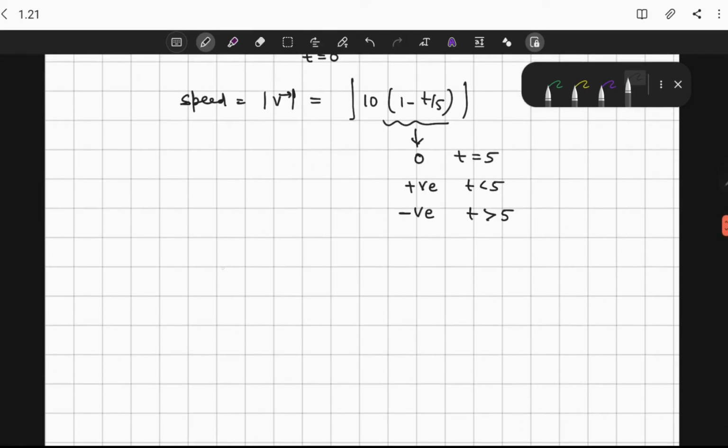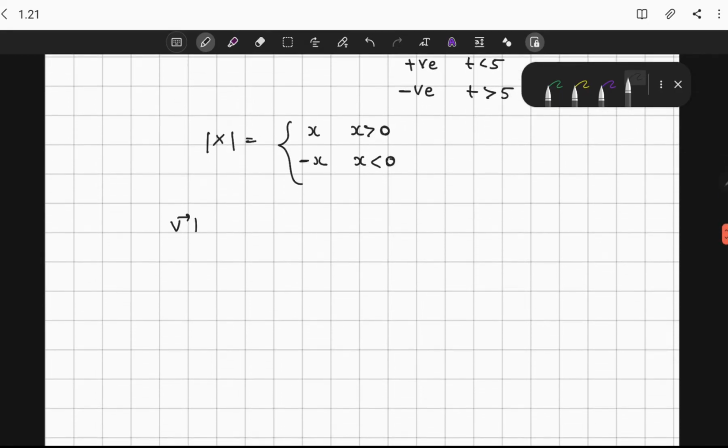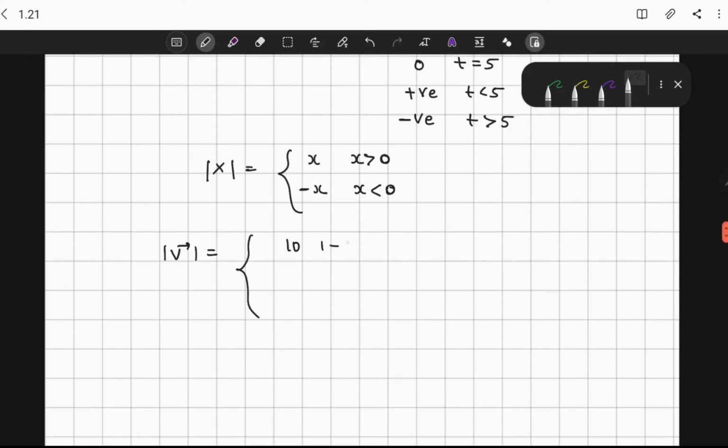Okay, so if we look at a function such as mod x, that is equal to x for x greater than 0, when it is positive, and when it is negative we can write it as minus x for x less than 0. Similarly, for the speed we can write it as 10 times 1 minus t divided by 5 for t less than or equal to 5, and 10 times t by 5 minus 1, which is the negative of this particular expression.